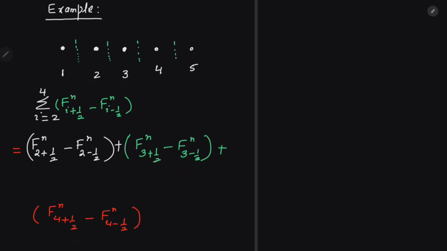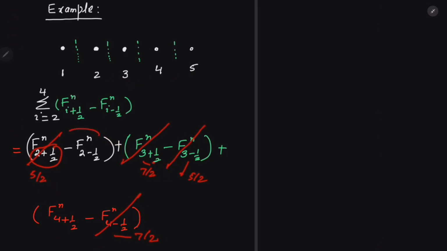So what we see is whether there is any cancellation or not. Let me just see that. For example, if I just solve that, 2 plus 1/2 will be equal to 5/2 and 3 minus 1/2 will be equal to 5/2. It means that this term will be cancelled out with this term, and then 3 plus 1/2 becomes 7/2, and 4 minus 1/2 becomes 7/2 as well. So these two terms will be cancelled out again.